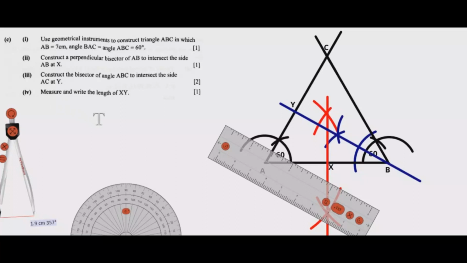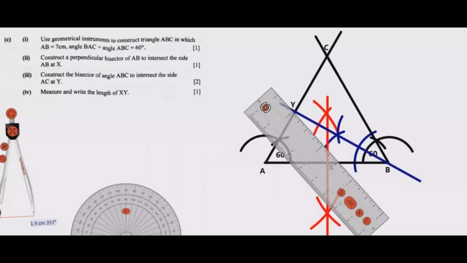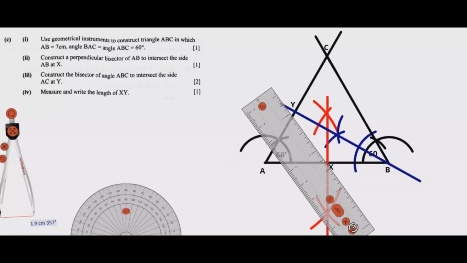So if we want to measure the length of XY, we are going to draw a line from Y to X. So we draw the line from X to Y like that.